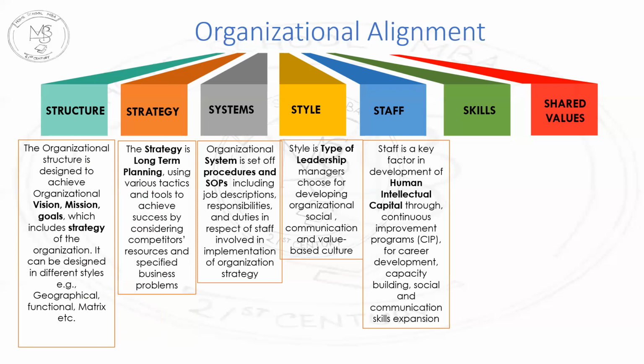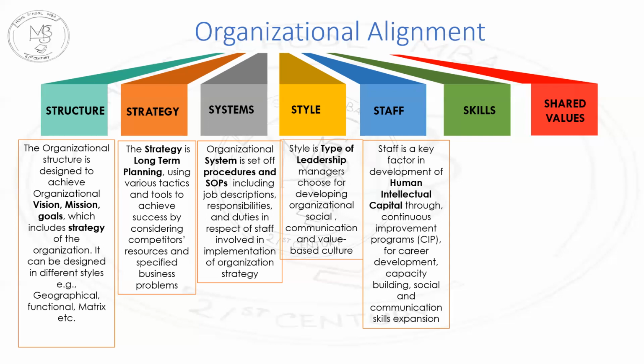Basically, what we mean over here is that if the staff is properly developed, capacity building is done, and continuous improvement programs are implemented, then the efforts, the hard work, the intelligence, the initiative, and the emotional intelligence, all these factors are converted into human intellectual capital.